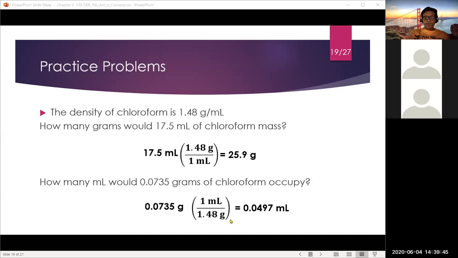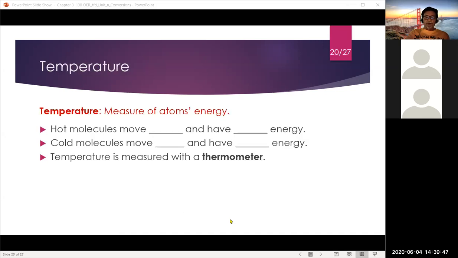Okay. We're going to shift gears a little bit. We're going to talk about temperature. It's kind of related to energy. But here it's pretty self-explanatory if you think about it. Hot molecules move very fast. Think about it. You're at the beach, 100 plus degrees out there, and you're walking across that sand. Do you think you're going to walk very slowly?